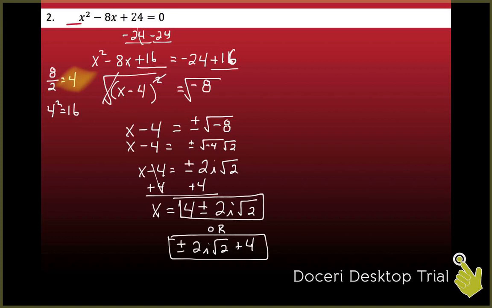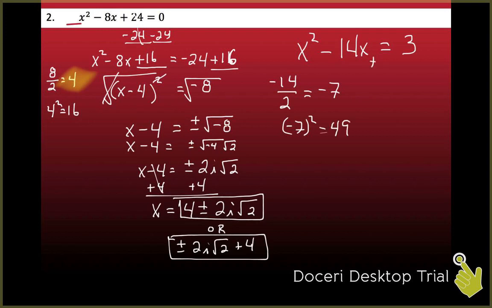So if I were to give you another quick example, let's just say x squared minus 14x equals, let's say, 3. You would do negative 14 divided by 2, and that would give you negative 7. Negative 7 squared is 49.